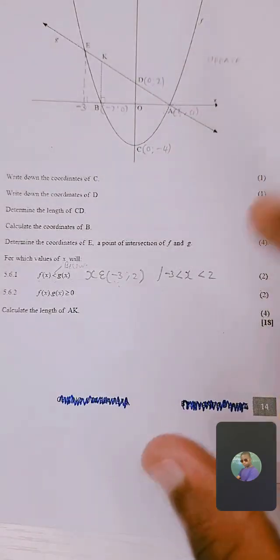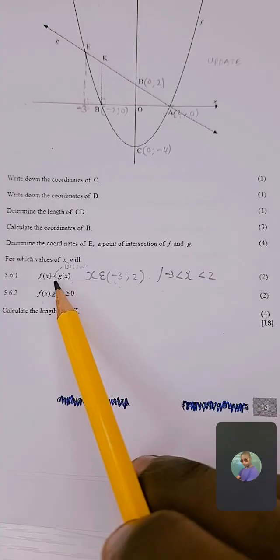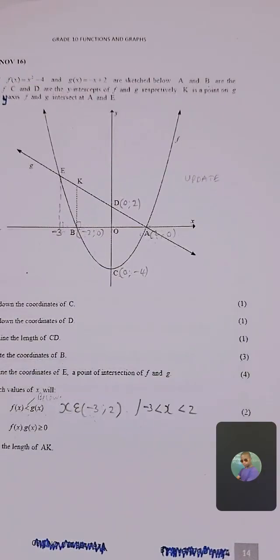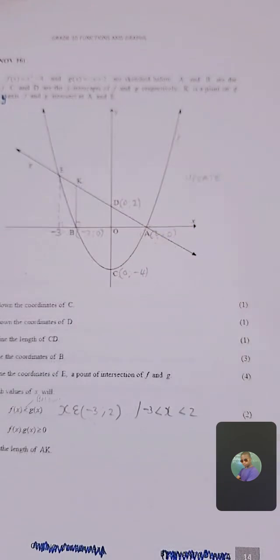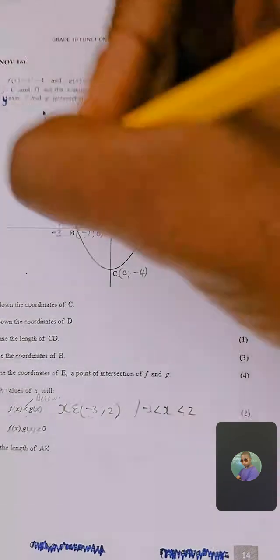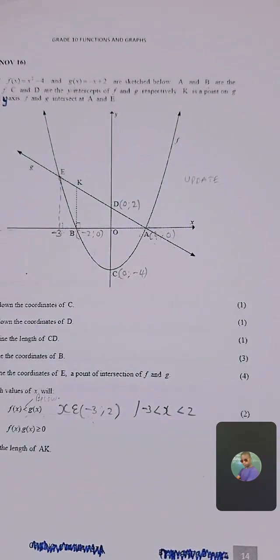Malibongwe, I appreciate that comment. I just want us to observe one thing. Let us observe this together. This one is saying, where is f below g? Exactly at -3, the two functions are intersecting. They are on each other, they are touching. It's like a tattoo kiss.